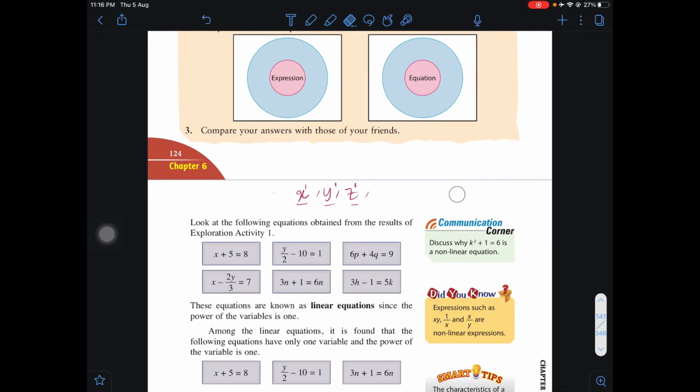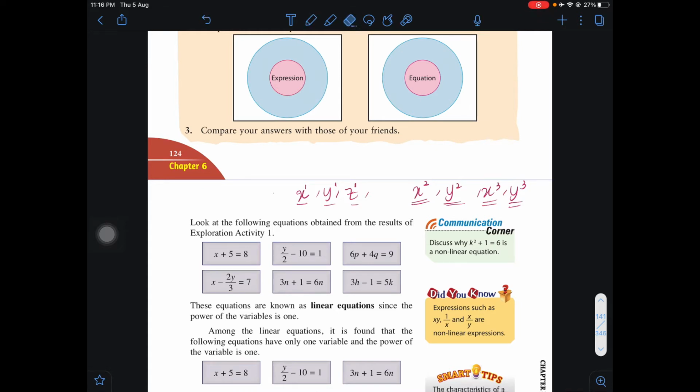If you see any equation which consists of x squared, y squared, x cubed, y cubed, this is not a linear equation, because for linear, the unknown must be to the power of 1. But these are to the power of 2 and power of 3, so they do not satisfy the condition of a linear equation.